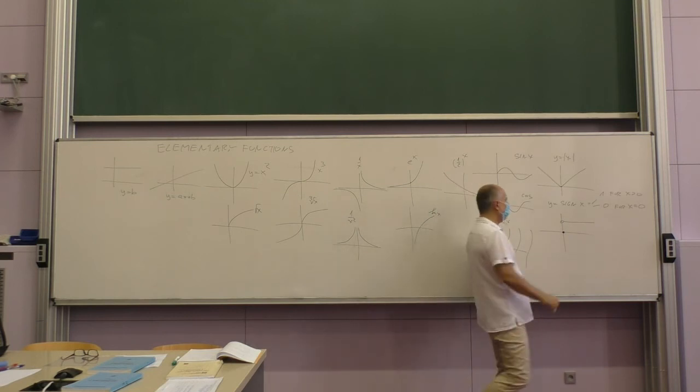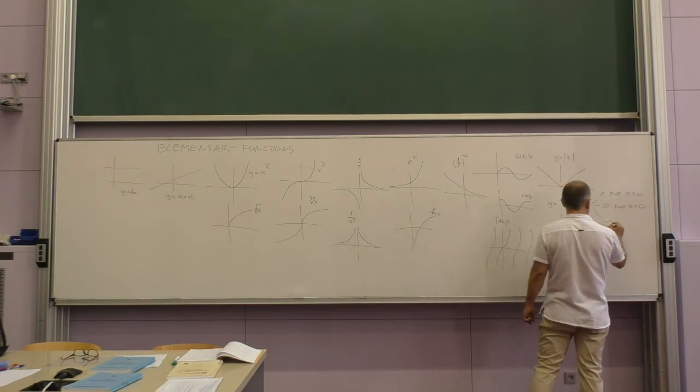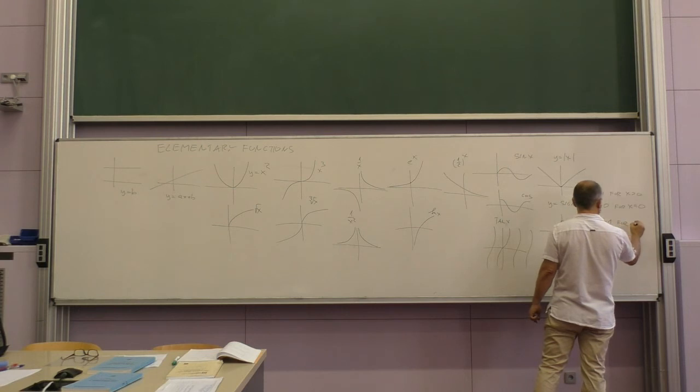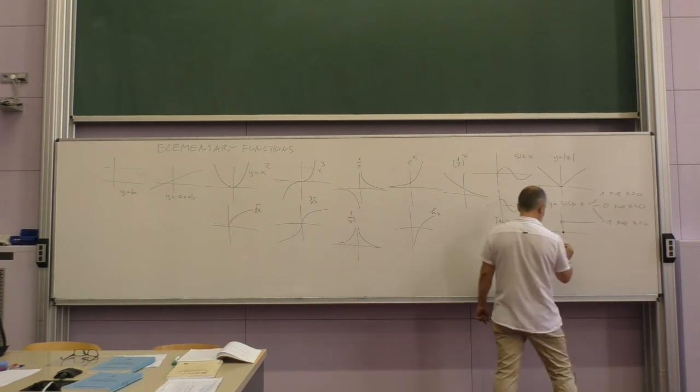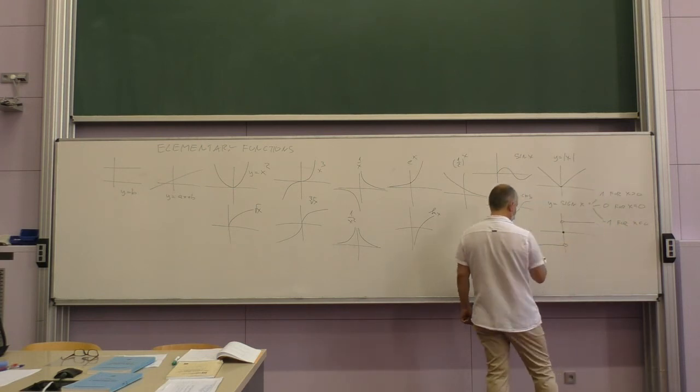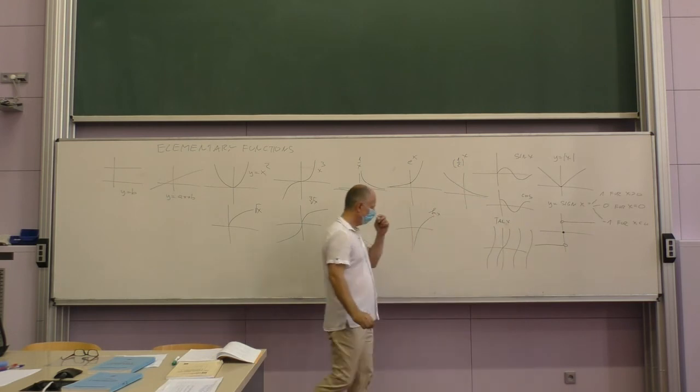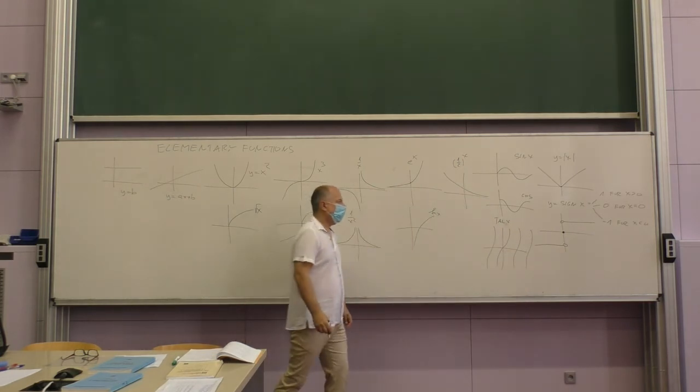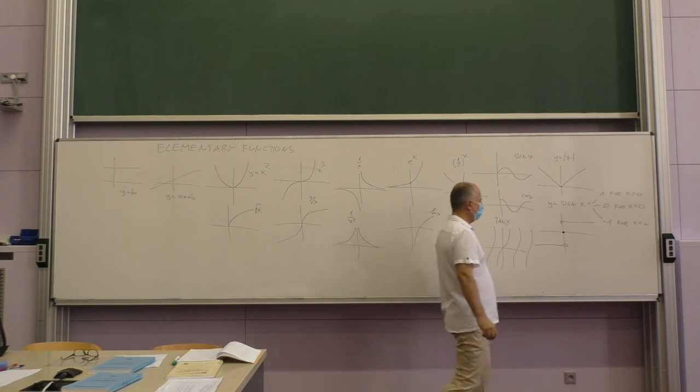And if the argument is negative, the result is minus 1. So this is called sign or signum as a function.